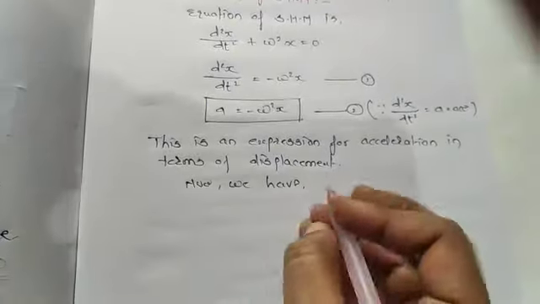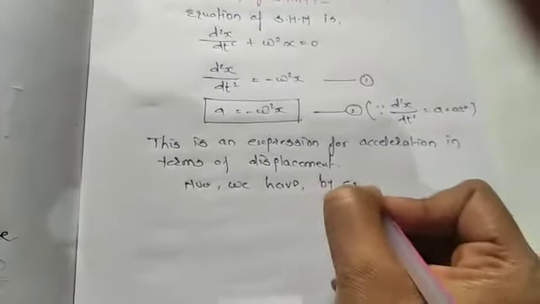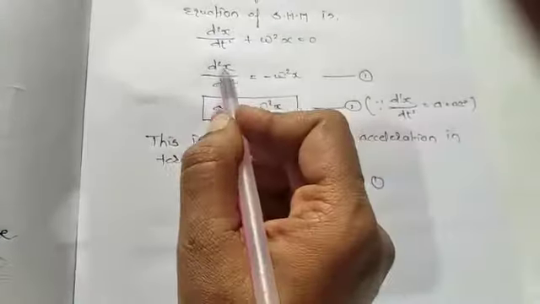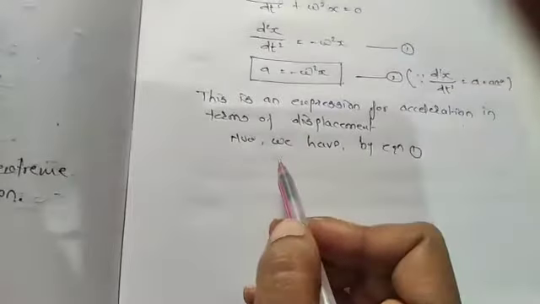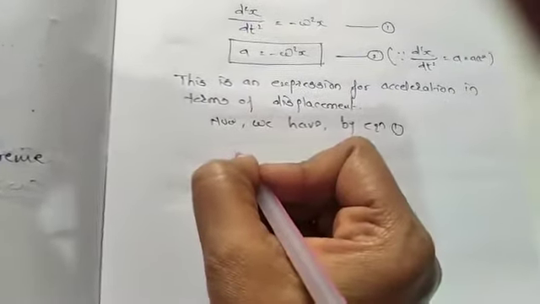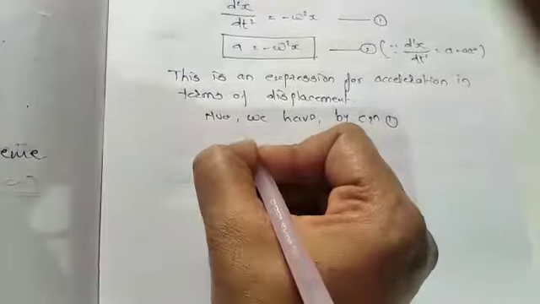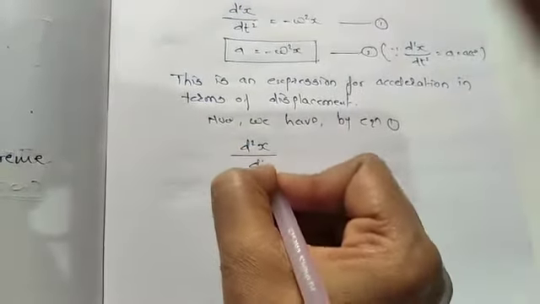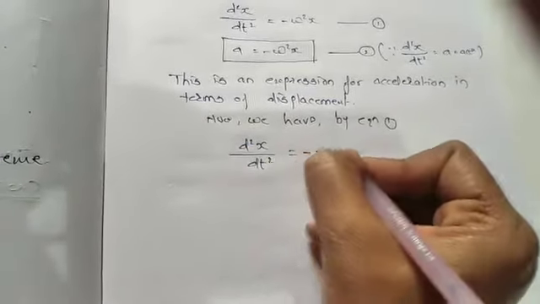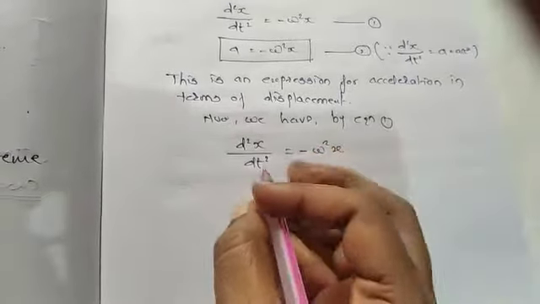Now we have equation number 1. What is equation number 1? d square x upon dt square is equal to minus omega square x.